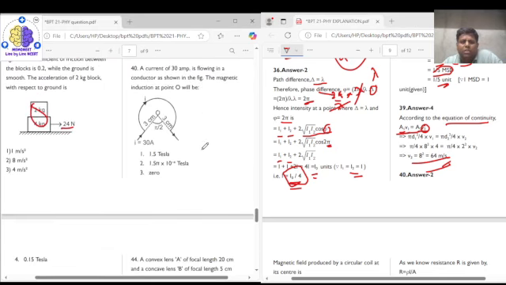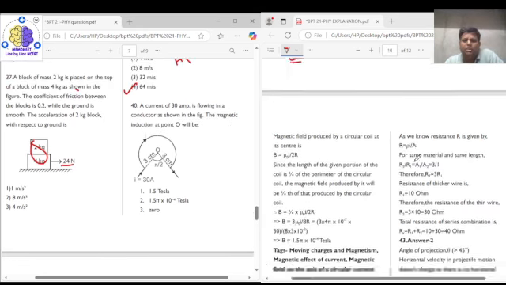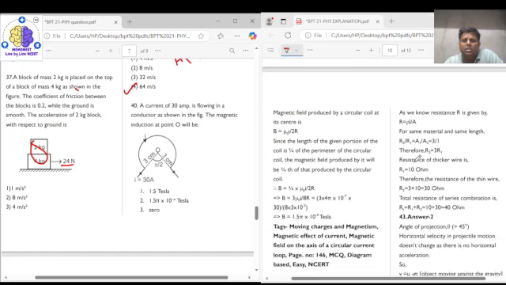Now coming to question number 40. A current of 30 ampere is flowing in a conductor as shown in the figure, from here, then like this, and then like this, okay, and the radius is 3 centimeters. The magnetic induction at point O will be, because of a circular ring coil, at the center, how much?